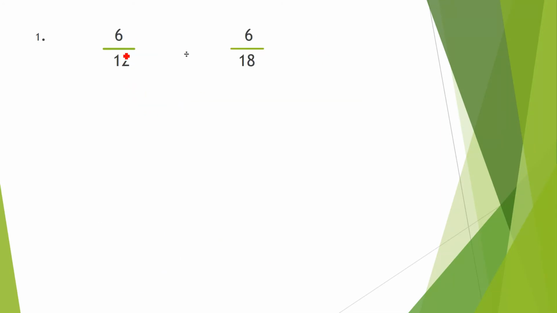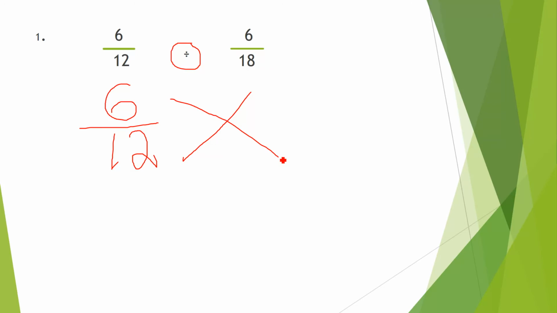So one more question, same type. This is the division sign. How do you solve and simplify this question? The left hand side you have to write down as it is, 6 over 12. Then come to this symbol, this is division, right? So you have to convert this symbol to multiplication.